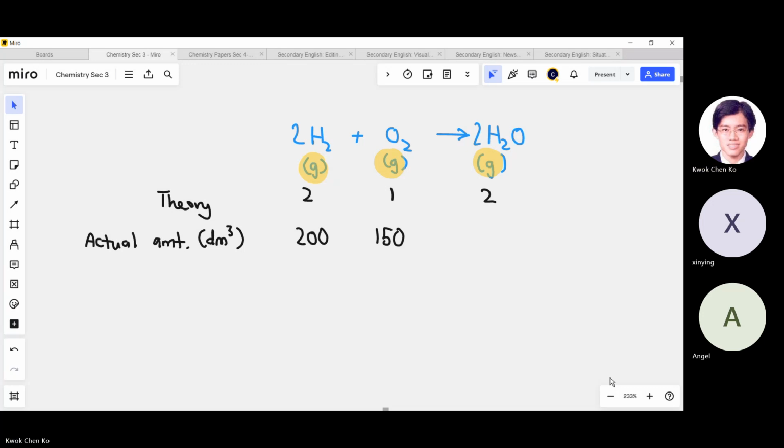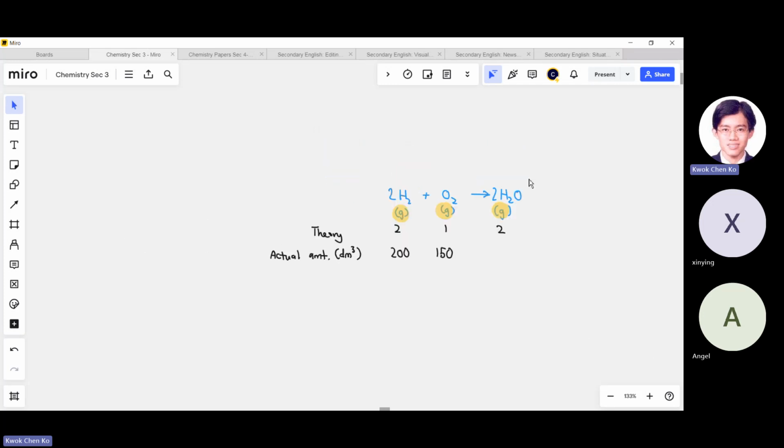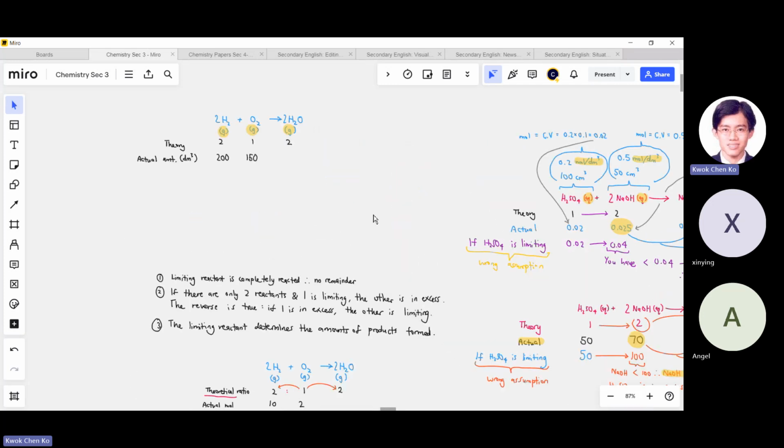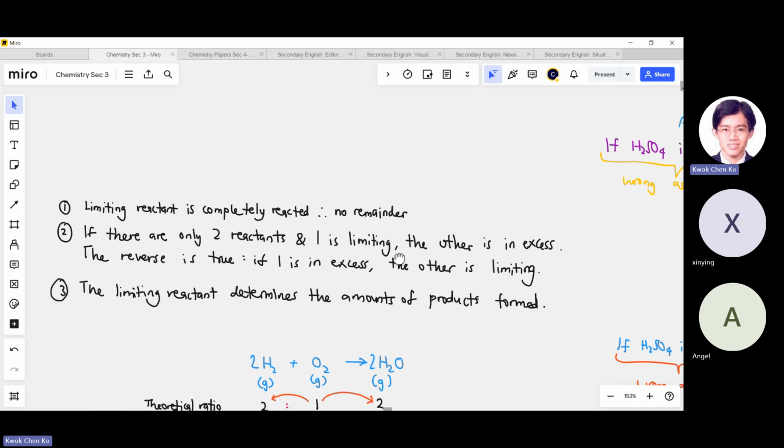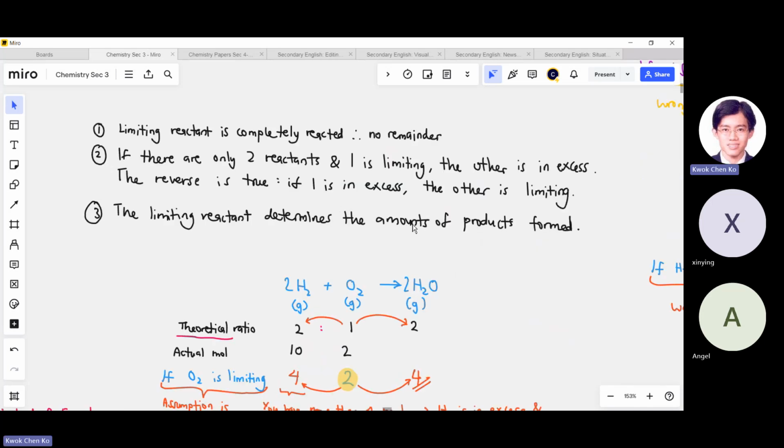Guys, can you add in one more guideline? Just now I had number 3, right? Can you add number 4 as well? This guideline is very important. Make sure you remember the last one.